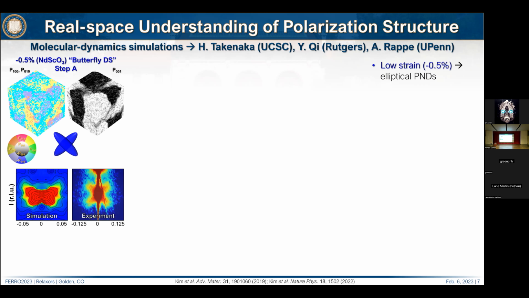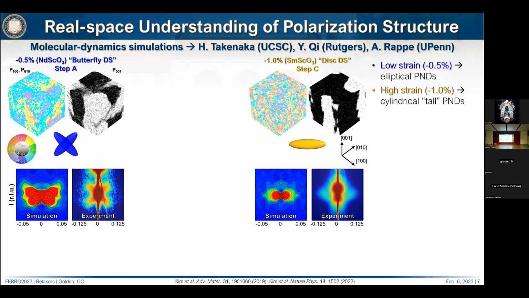Here we have classical elliptical polar nanodomains like we expect in the system. If you go to the higher strain state in this material, these things have now started to merge in the out-of-plane direction. You can see that they're starting to make these columnar domain structures inside of these materials, and it leads to a smaller and more disordered in-plane polarization in the system.